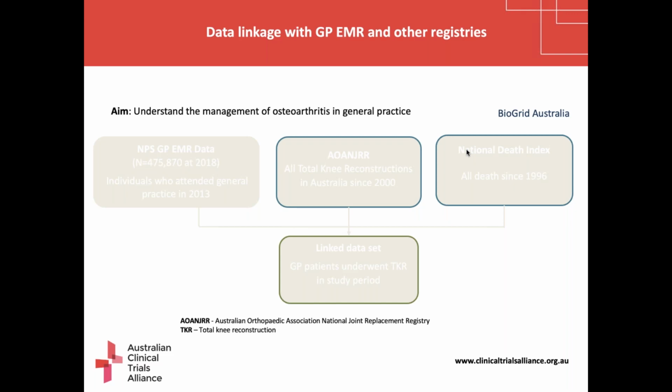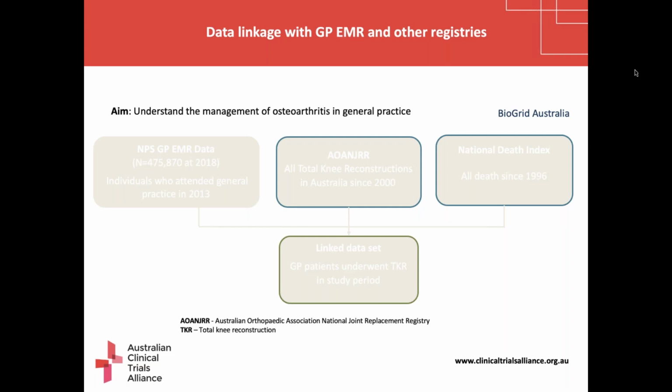So we had three registries. One was the general practice EMR, where we selected individuals who attended general practice in 2013. And that was linked with the Australian Orthopaedic Association National Joint Replacement Registry data, which contains all total knee replacements in Australia since 2000.